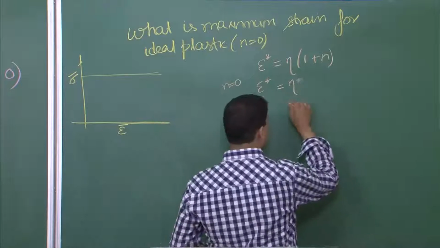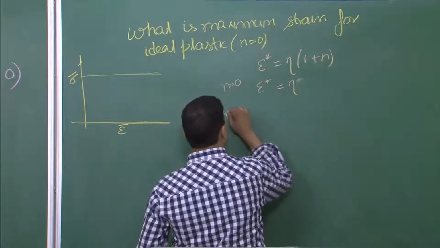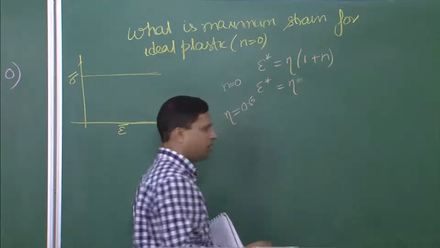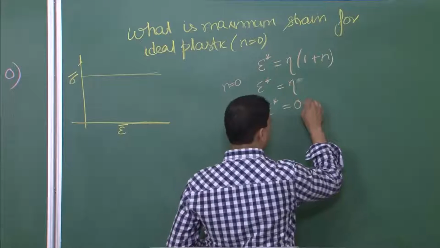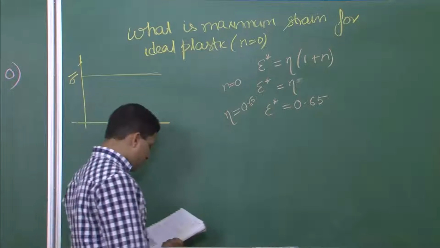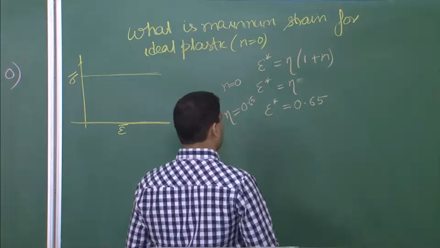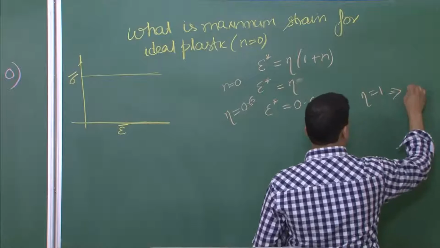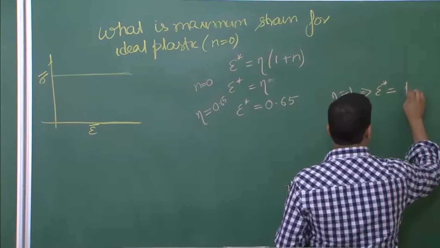And that means that if you have an efficiency of 65%, which is more or less what you would get in industry, then epsilon star would also be equal to 0.65. So, this is the maximum strain that you can get, and for a system where eta is equal to 1, you would get epsilon star equal to 1.